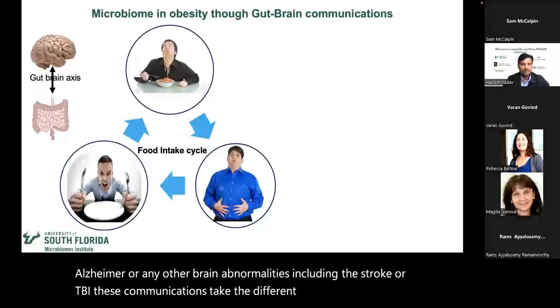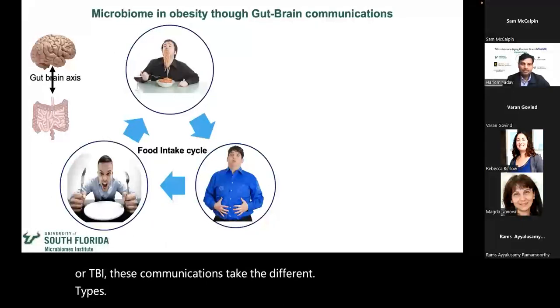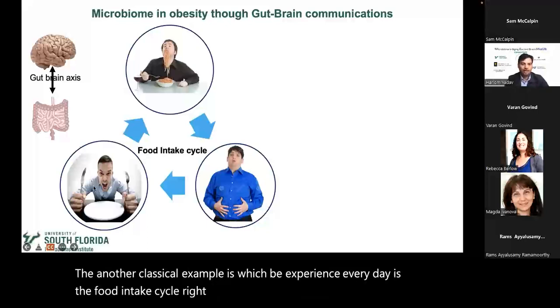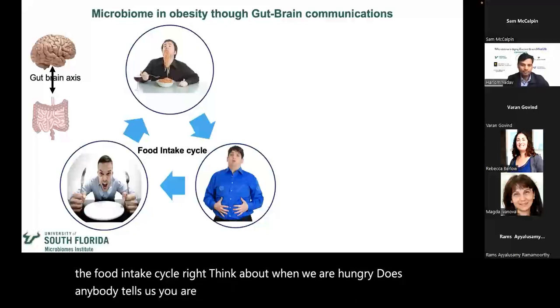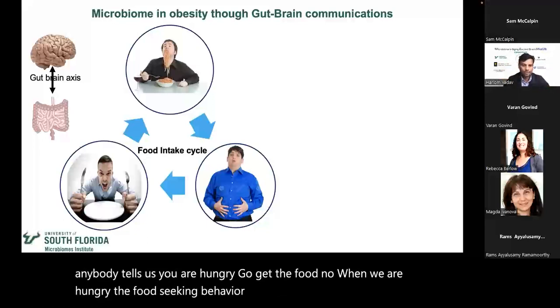Another classical example, which we experience every day, is the food intake cycle, right? Think about when we are hungry. Does anybody tell us, oh, you are hungry, go get food? No. When we are hungry, the food-seeking behavior starts from the body. But who initiates it?